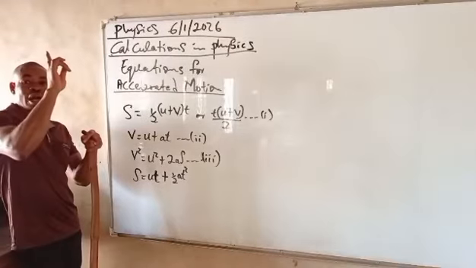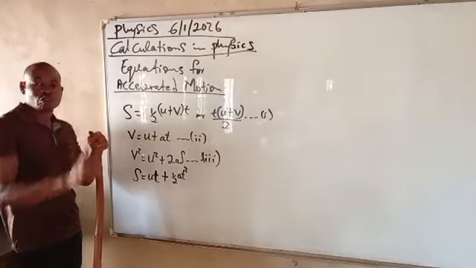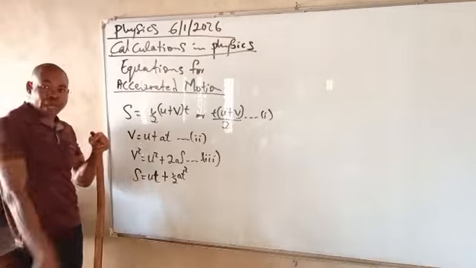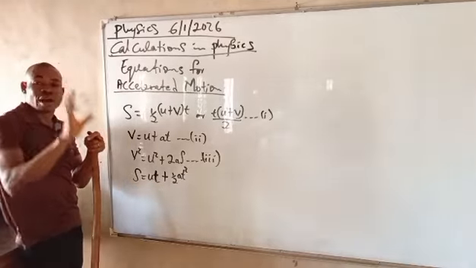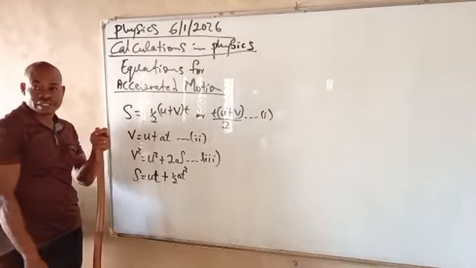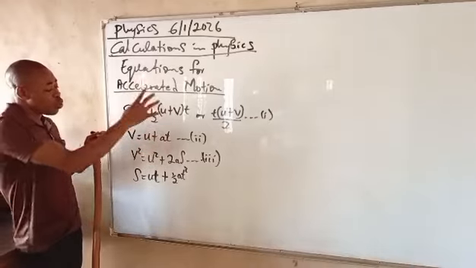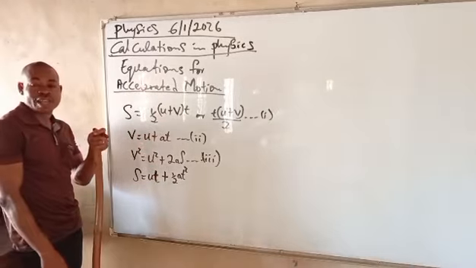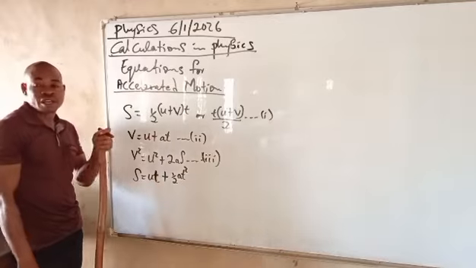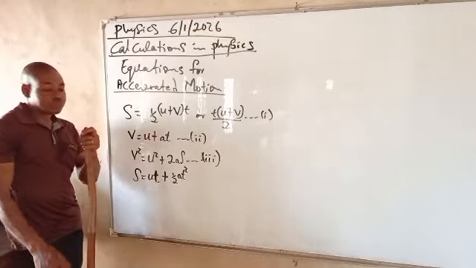Then, when we now talk of any motion going up or coming down, that is where you have issues with acceleration due to gravity. Anywhere you see small a will now be replaced with small g. Are we getting what I'm saying? Yes.